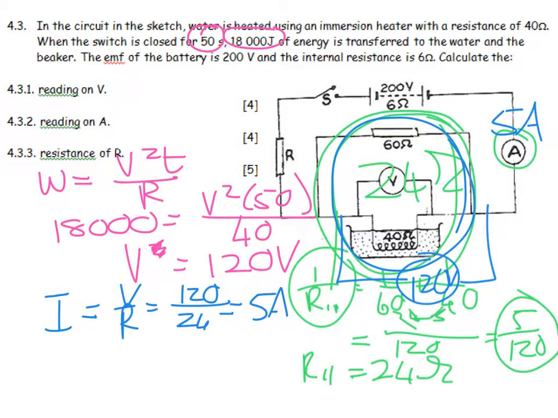Finally, what is the resistance of R over here? So I'm now interested in this R there. I'm going to say R total is equal to the EMF divided by the series current, which is equal to 200 divided by 5, and that turns out to be equal to 40 ohms.